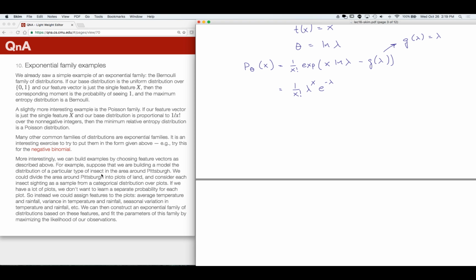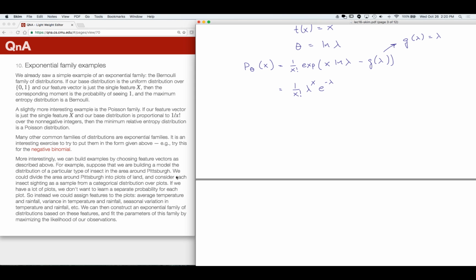Right? So let's say we're entomologists and we're tracking a kind of bug that's native to the area around Pittsburgh, and we could divide that area around Pittsburgh into plots of land and look at sightings of our favorite insect. And you can think of that as a categorical distribution over plots of land, right?